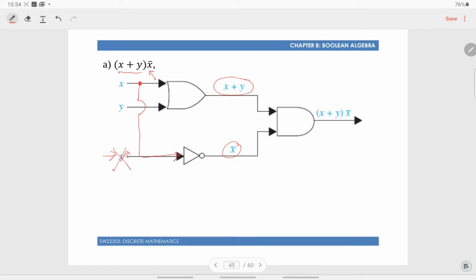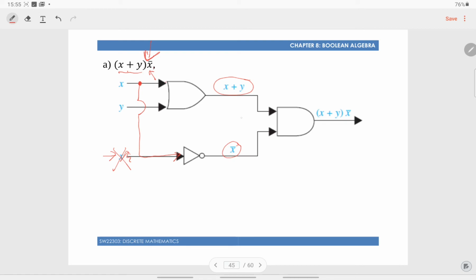So no need to draw this one, just use the single x if you want to use the branching method. The outcome for this inverter is x complement, and then it moves to the final gate, the AND gate, because this one multiplies with x complement.